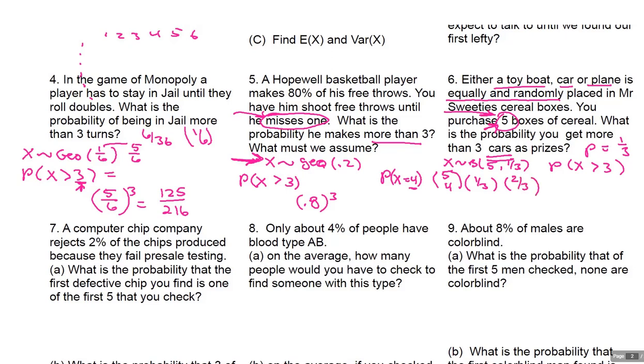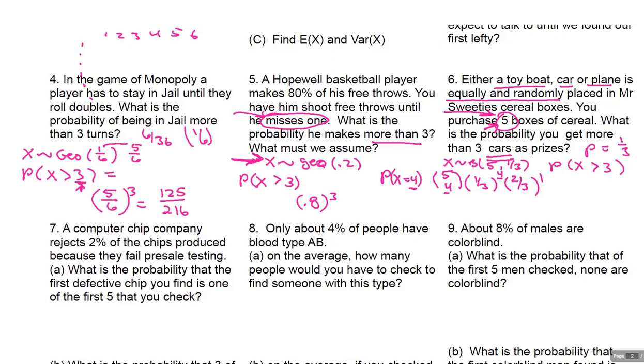Now, in this one, these two have the same number. If this is 4, what's this? That's 1. And then this has to be 1, right? All right. Now, I want you to think about this. What's the probability of success, getting a car? 1/3.